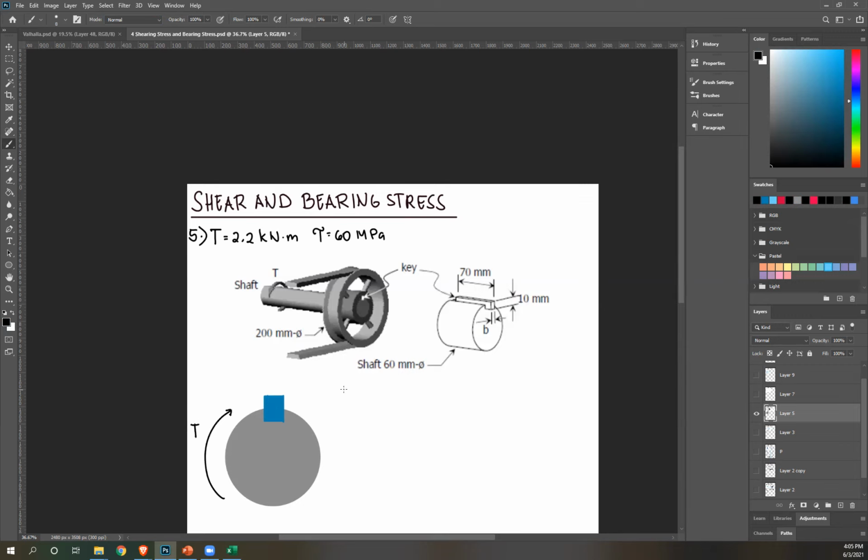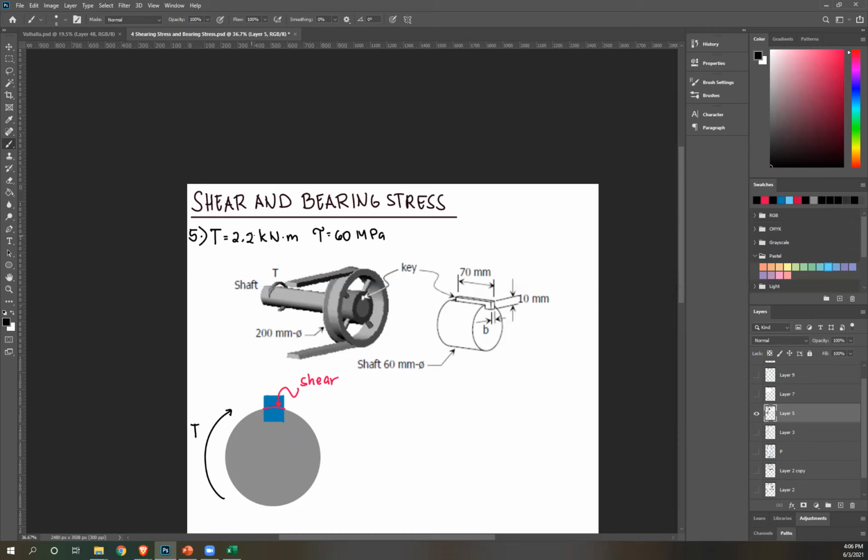This is your torque. And then the area experiencing shear is this. So that's your shear plane. And then this is your 3D, so it's easier to see. Now we have to know what's creating that.